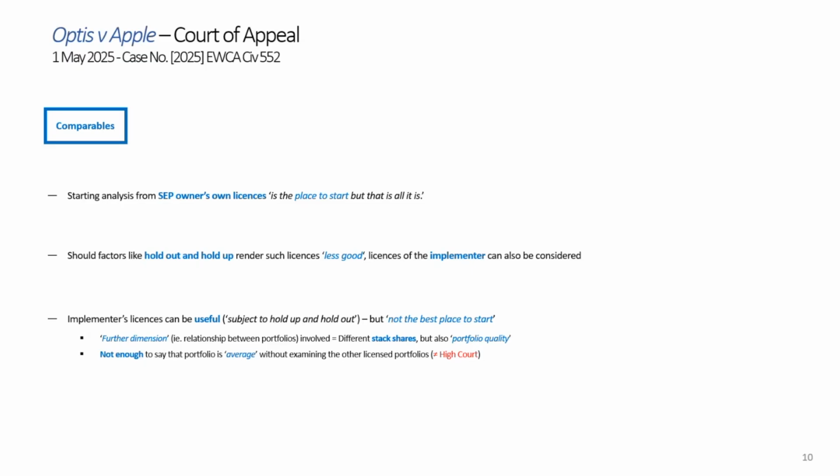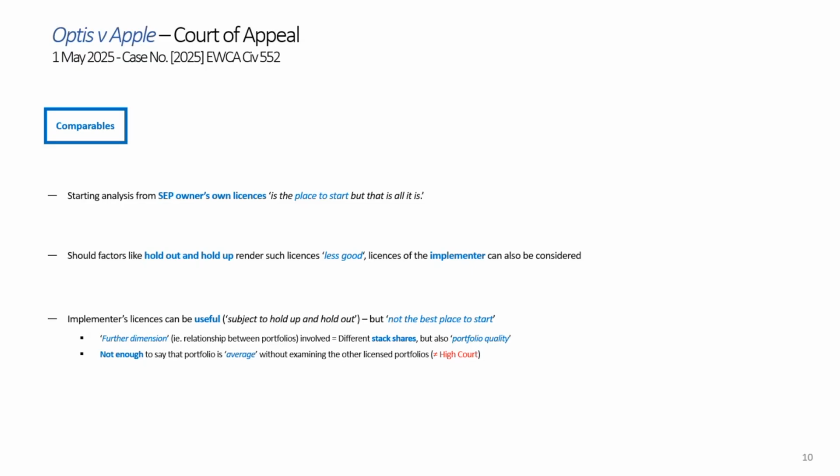And here, in the eyes of the court, it's not sufficient just to say that the quality of a portfolio is average without examining the other portfolios of the other patent owners. So all of this made it, in the eyes of the Court of Appeal, difficult to start the valuation by using the implementer's licenses, as was the case here.